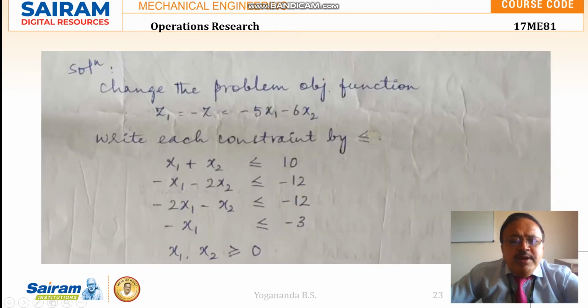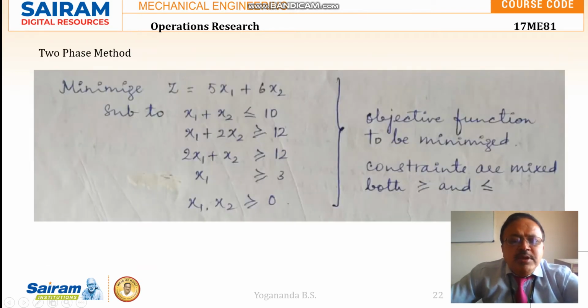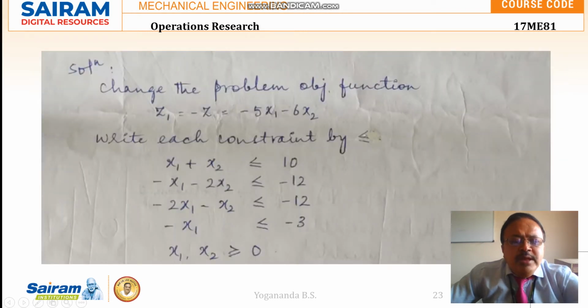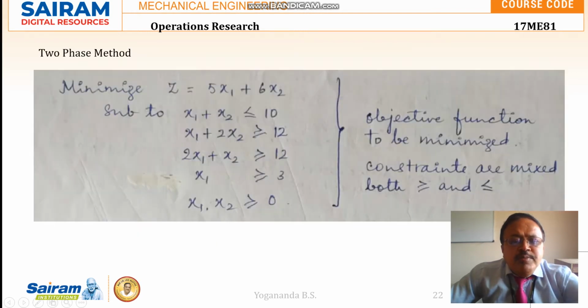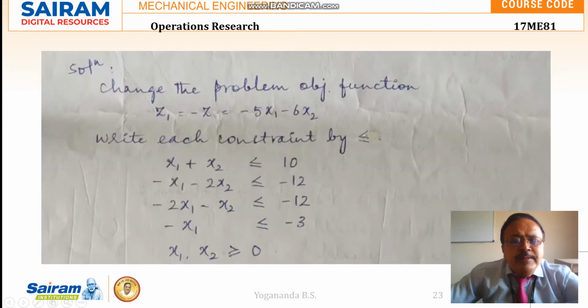Then wherever we have a greater than or equal to constraint, multiply both sides by minus 1. So the third and fourth constraints are multiplied by minus 1. It becomes minus 2x1 minus x2, and the greater than or equal to becomes less than or equal to. Even the second constraint we have greater than or equal to, so multiply this also by minus 1.